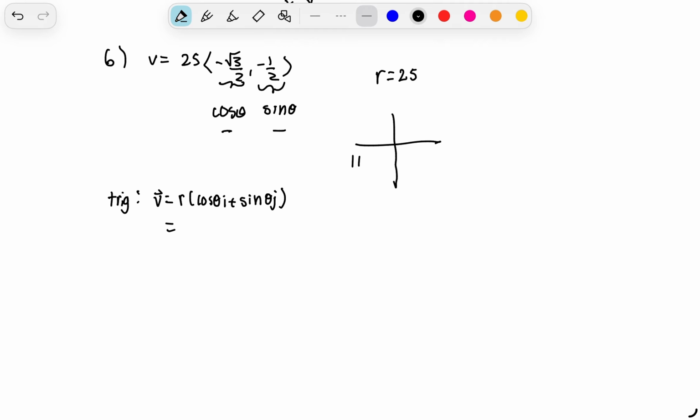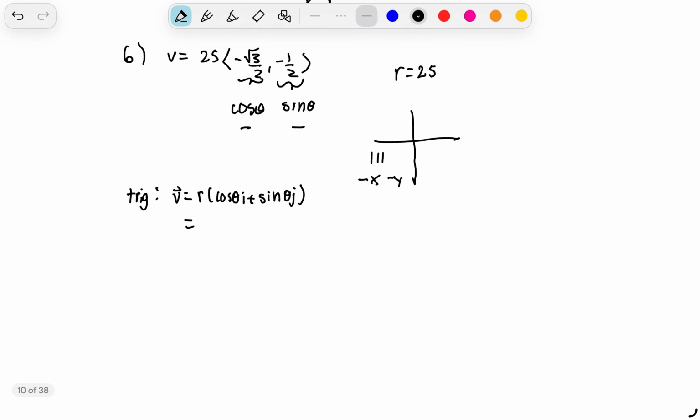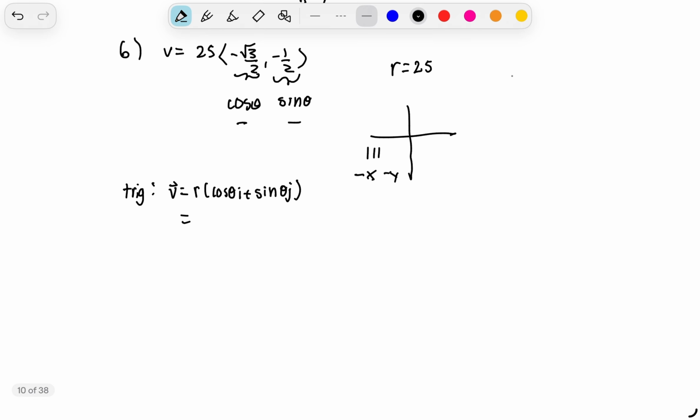So we need to find an angle where we have a negative cosine and a negative sine. So that's when we're in quadrant 3. We have a negative x and a negative y. So then this is going to be our reference angle for when we have root 3 over 2, 1/2. And that's when we have 30 degrees. So we know that this is going to be 30 degrees plus 180 in Q3. So that's going to be 210 degrees.